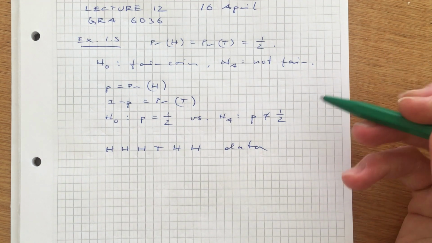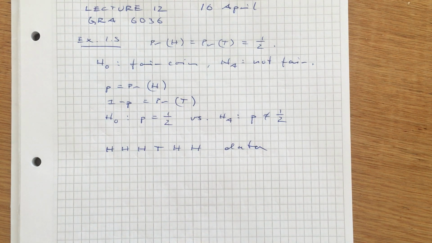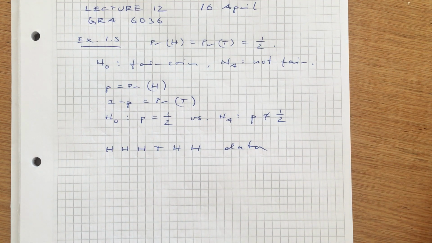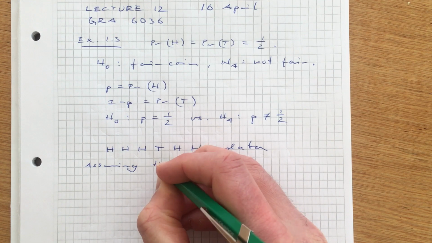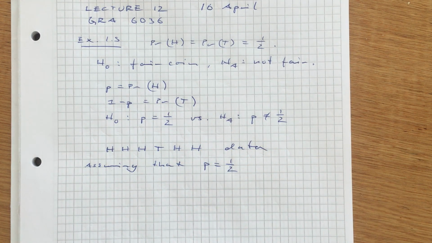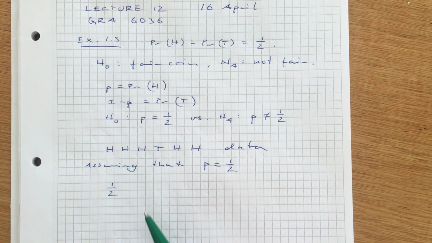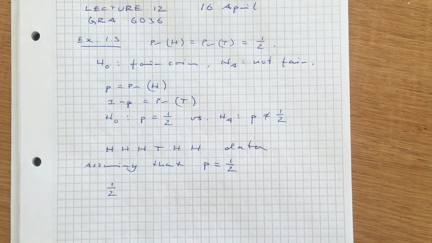So let's first compute the probability of getting this sequence of data under the assumption that the null hypothesis is true. Assuming that P equals 1/2, then the probability of getting a head is 1/2. That's the first toss. These tosses are independent, so you can multiply the probabilities.